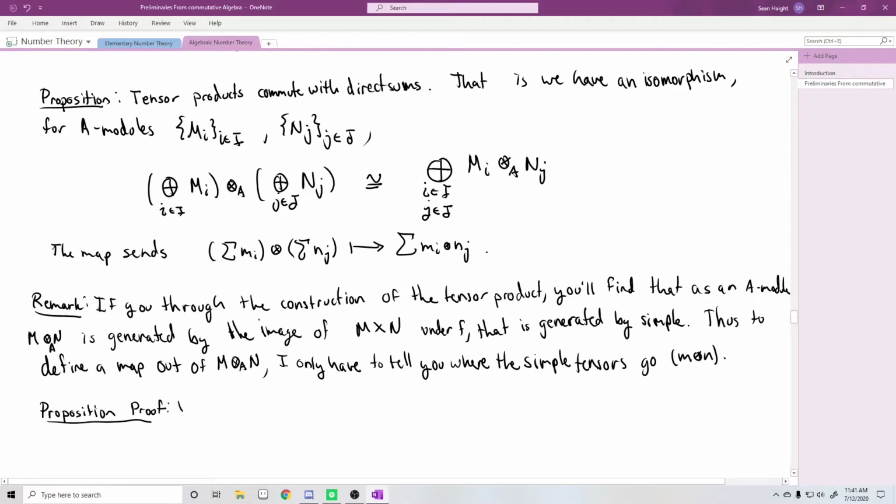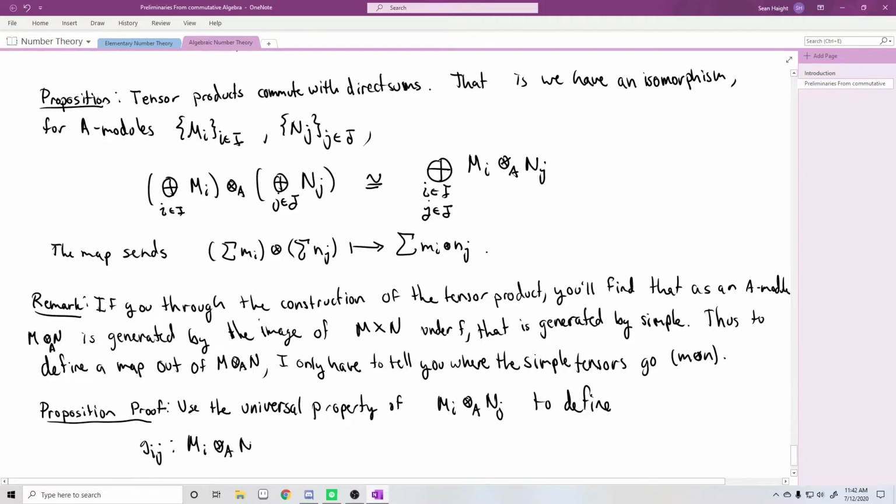Essentially what you do is you use the universal property of the tensor product M_i tensor over A N_j to define a map, I'm going to call it G_ij, from M_i tensor over A N_j.